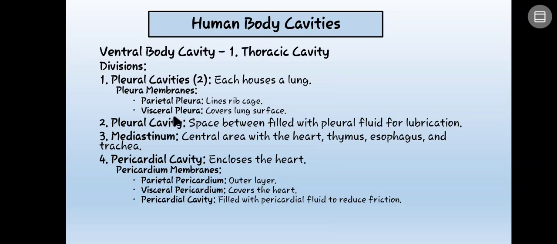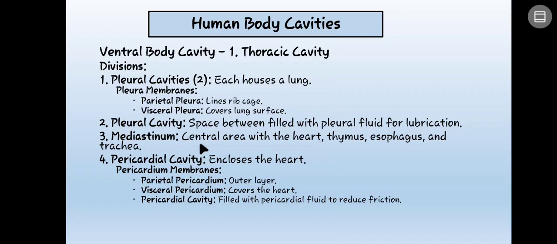So the pleural cavity is a fluid-filled cavity that houses the lungs. The mediastinum is the central area of the thoracic cavity, and we have the pericardial cavity within the mediastinum.